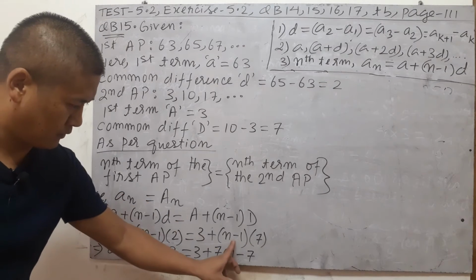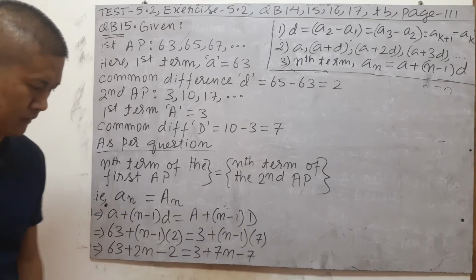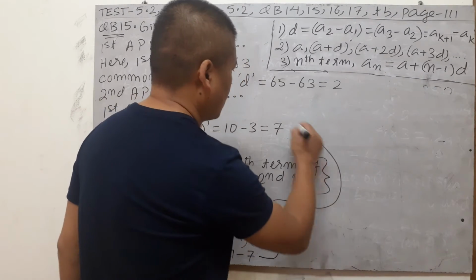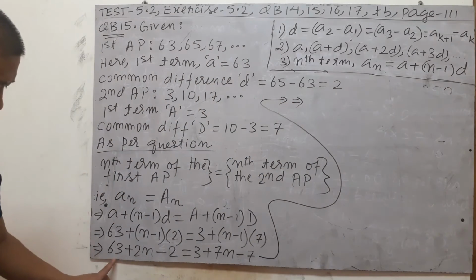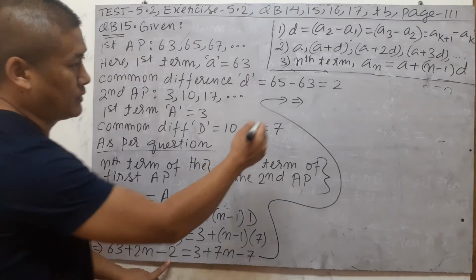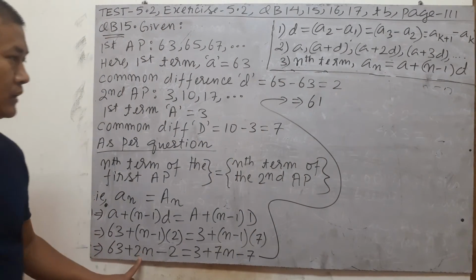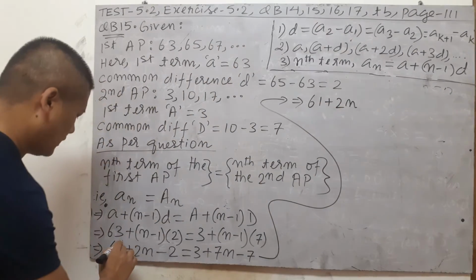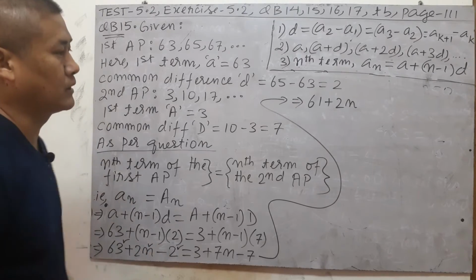We are multiplying this 7 to both of these because the bracket starts from here and ends here. Go about it slowly. That implies 63 minus 2 is, to keep it simple, 61, plus 2n. So 63 minus 2 done, 61 and plus 2n.